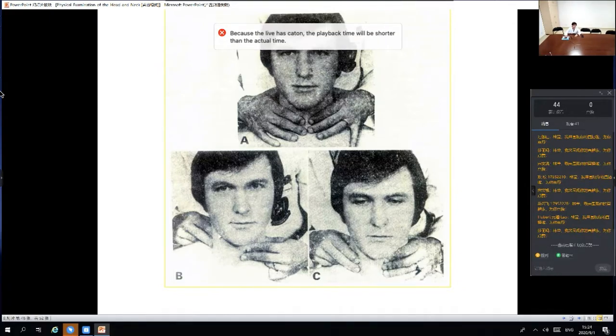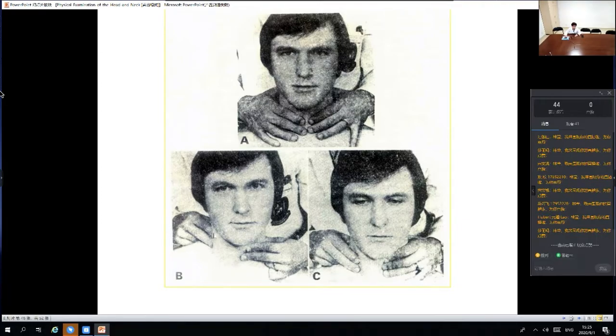If you would like to check the right lateral lobe of the thyroid gland, you could push the sternocleidomastoid muscle with your right hand, the index finger and the middle finger, push it upward, push it forward.